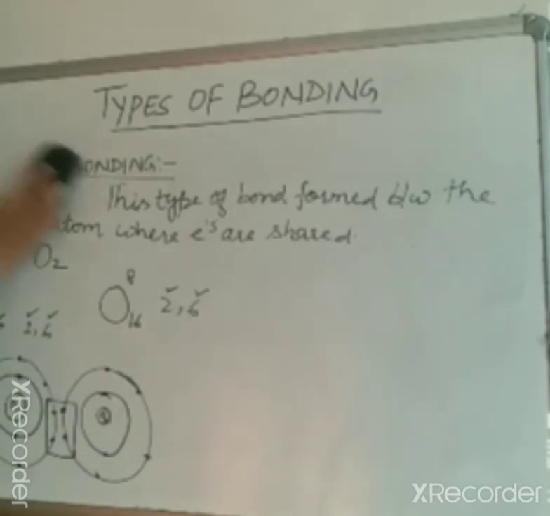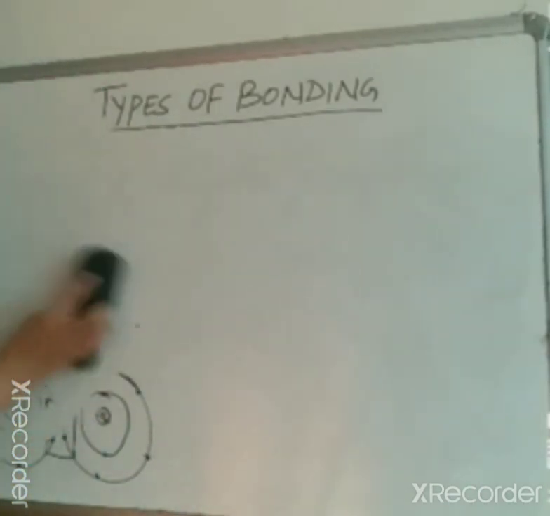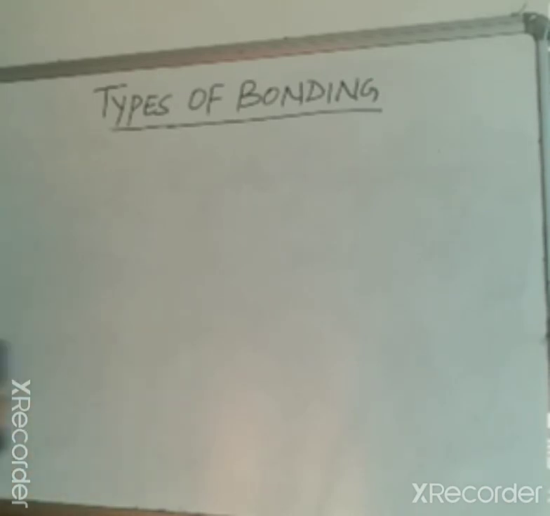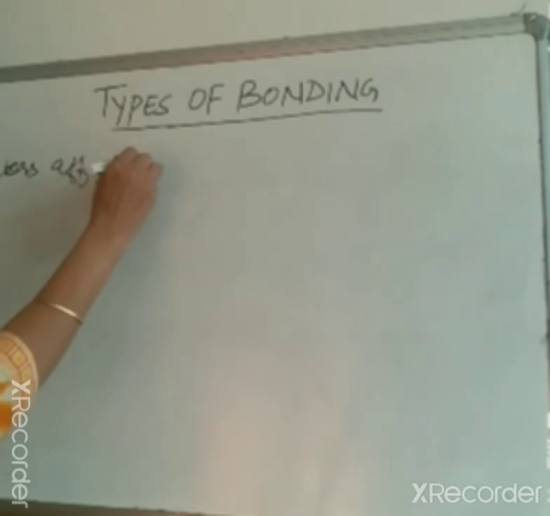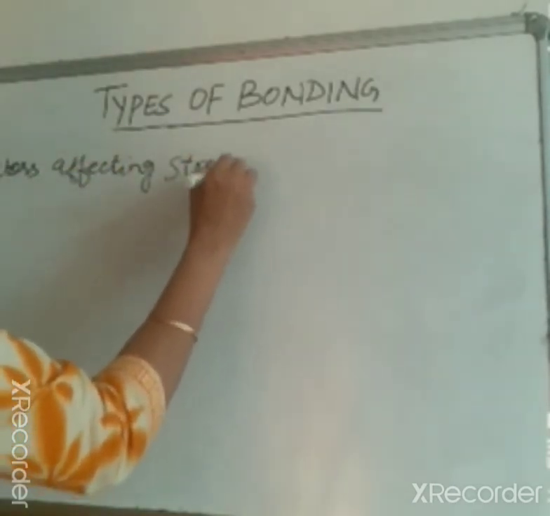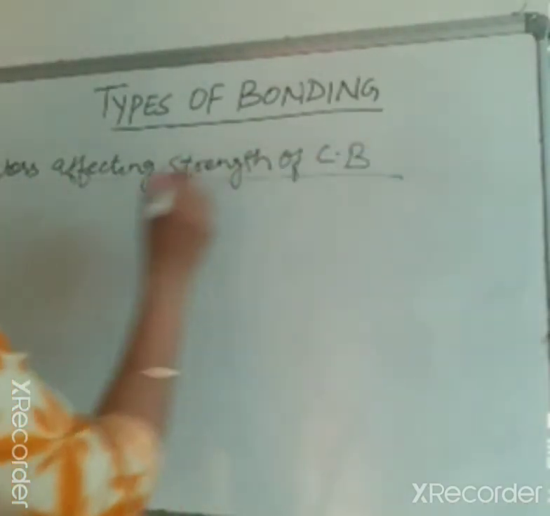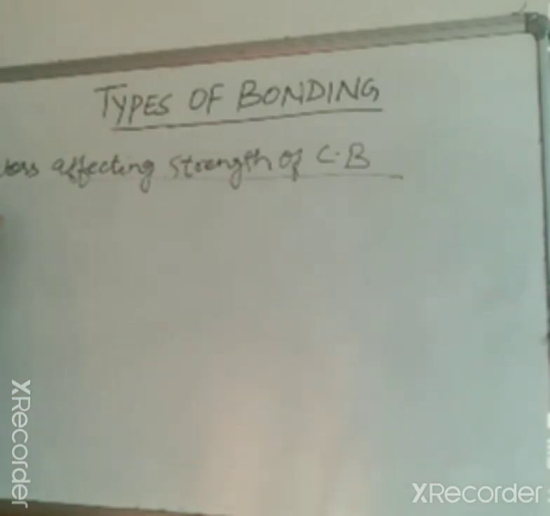Now we will come to the factors which affect the strength of covalent bonds. First one is bond length.